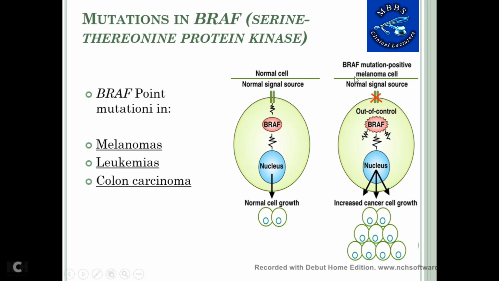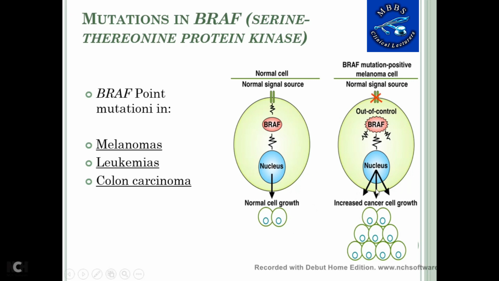But what if this BRAF is mutated? When there is BRAF mutation, for example in melanoma cells, most of the time they are BRAF mutation positive. So what happens is the normal signal pathway is broken down, and the BRAF itself acquires self-replicating activity, and the self-replicating activity gets out of control, of course.